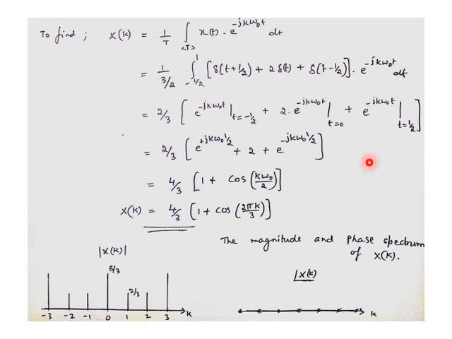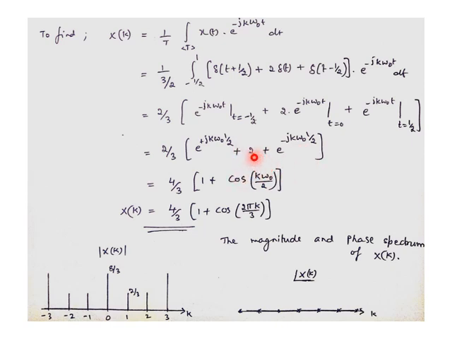So what happens if I substitute the t values? e to the power jk omega naught half plus t is 0, so e to the power 0 is equal to 1, into 2, plus the last term e to the power minus jk omega naught into half. So out of this and this term, it looks like e to the power j theta plus e to the power minus j theta divided by 2, into 2.